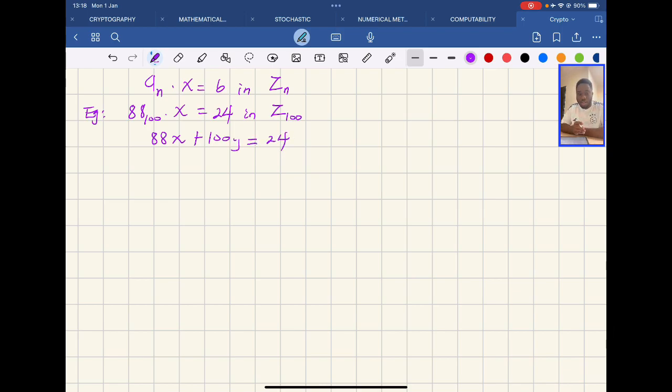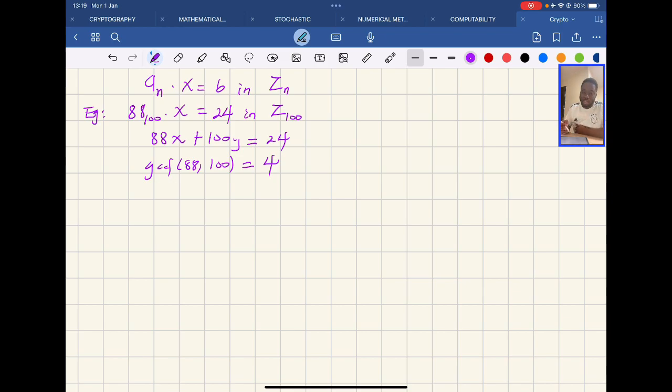Now after doing this, you have to check for the GCD. So the GCD of 88 and 100 is equal to 4. Now you have to check, is 4 a divisor of 24? Yes, indeed, it's a divisor of 24. Then it means that an integer solution does exist.